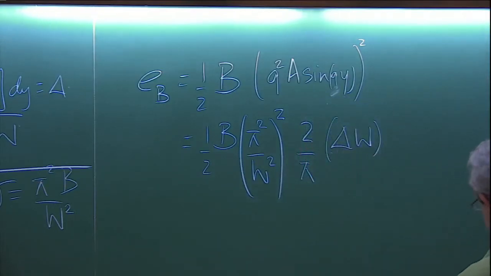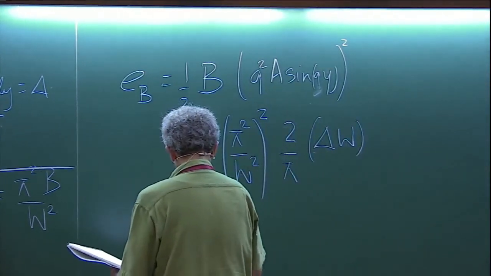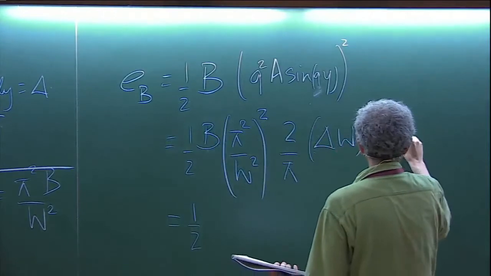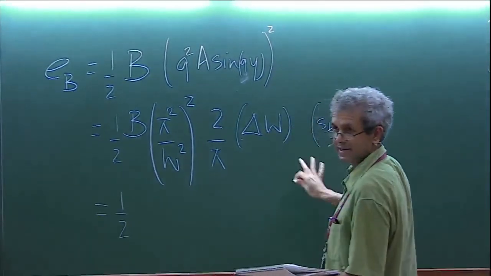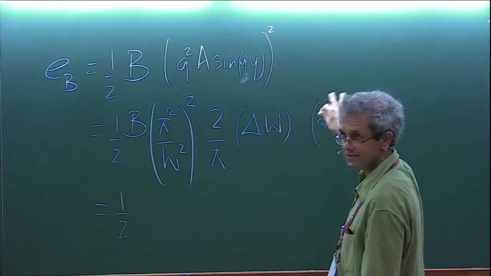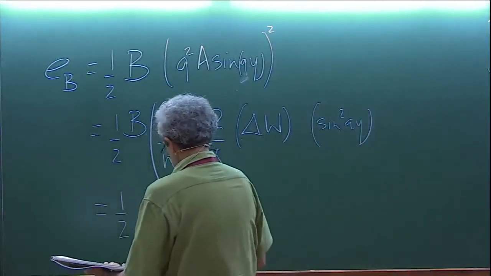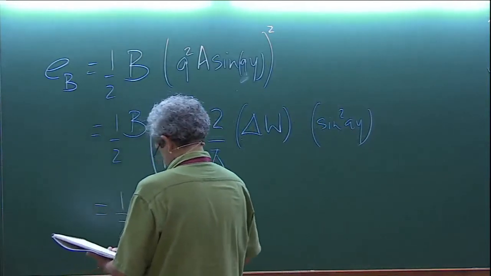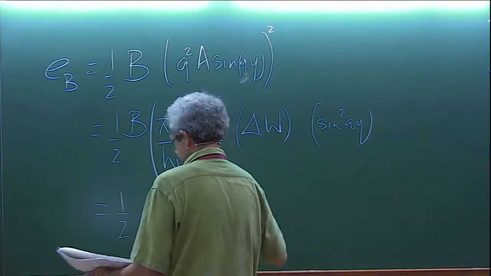And after many calculations, I'm leaving out the sine squared QY part, but when I integrate over y, it's going to produce some constant, a half or something. I get a B delta W cubed.